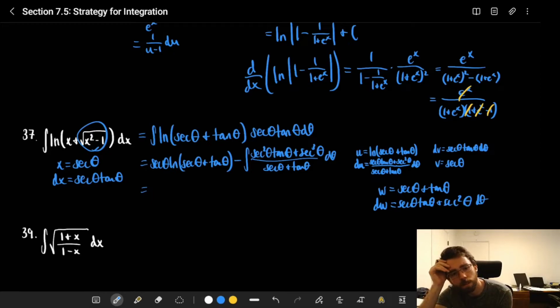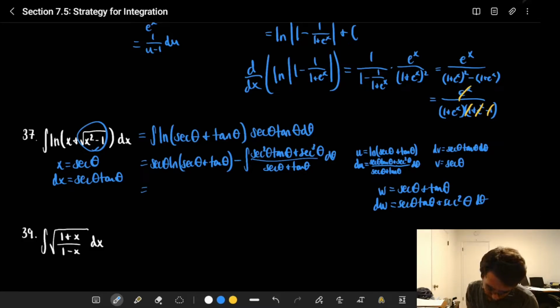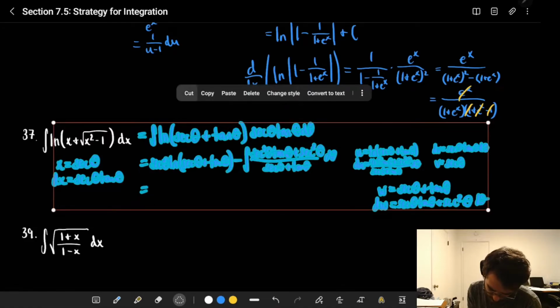Crap. Okay. That was a lot of work for nothing. What are my other options? Again, I'm going to erase this, but keep it in case I need to come back to it. Cut.